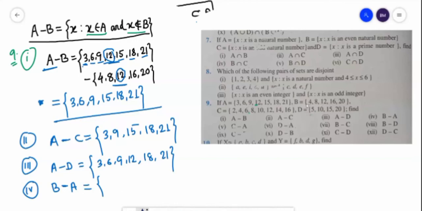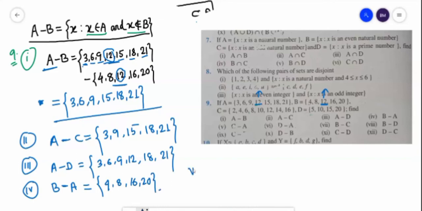If any common element is there, we have to remove it from the set B. 12 is the common element in A and B, only 12. So we remove it from B. Then B minus A will be 4, 8, 16 and 20. This is B minus A.